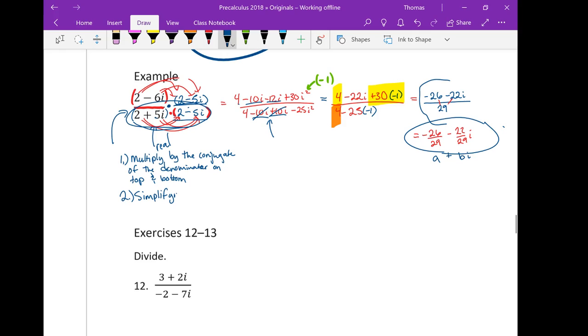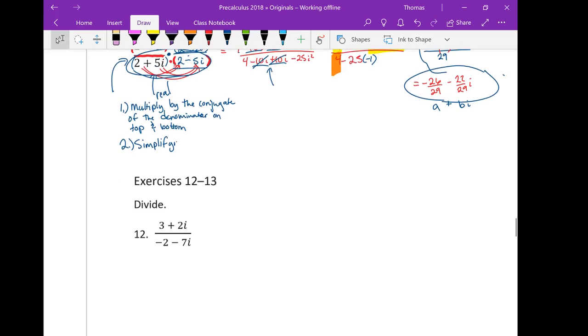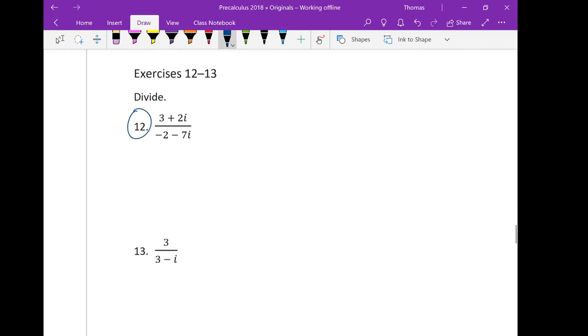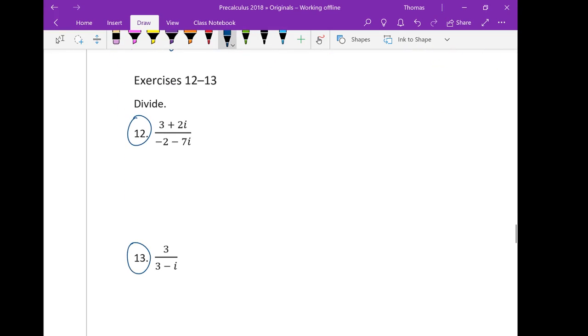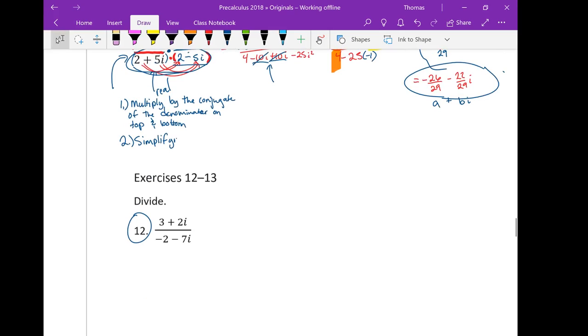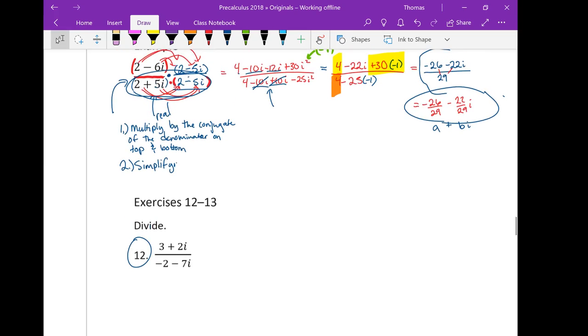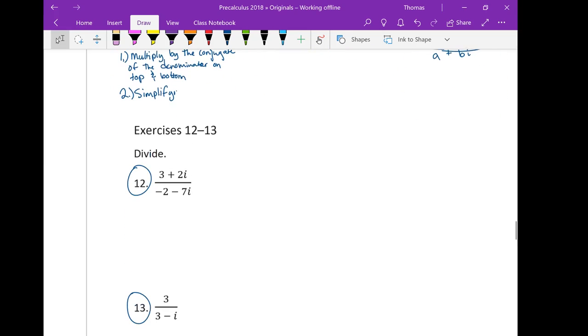Then it's just simplifying. So on the next video we'll recap, but take a few minutes and practice 12 and 13 using these steps from up here. Plug in your number, find the conjugates, multiply on top and bottom, and then simplify. In the last video, we'll wrap up all our thoughts from today.